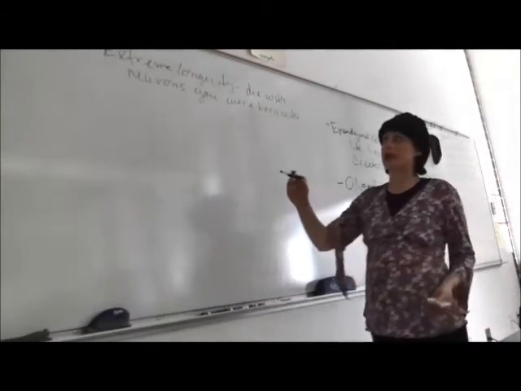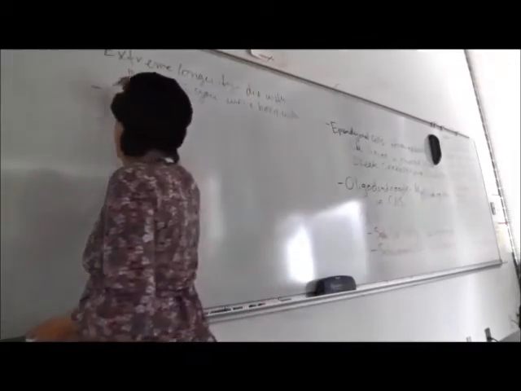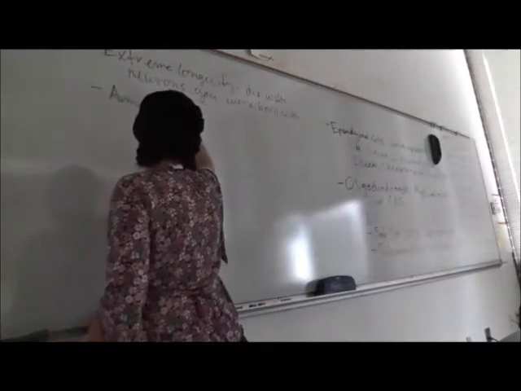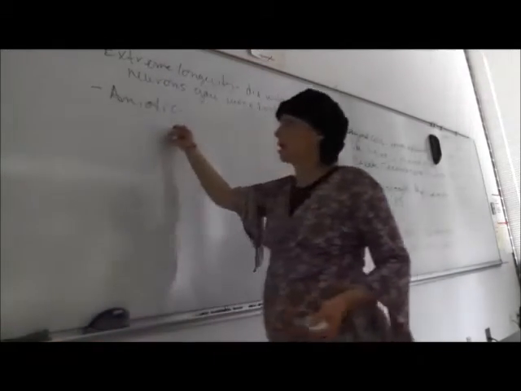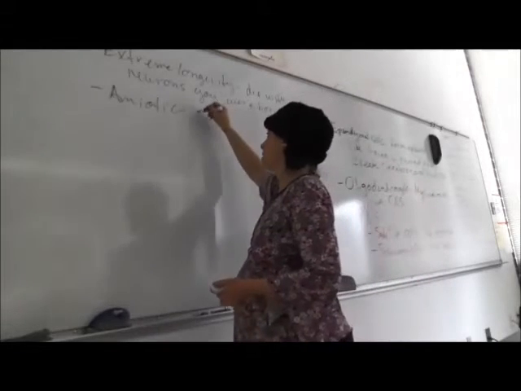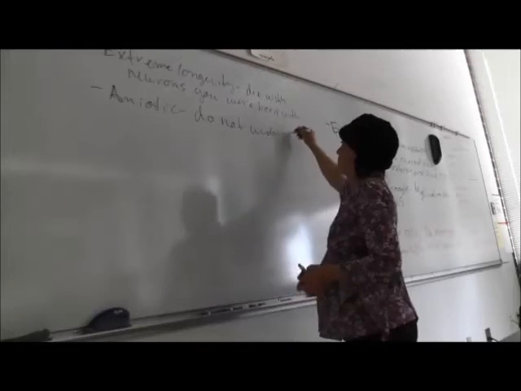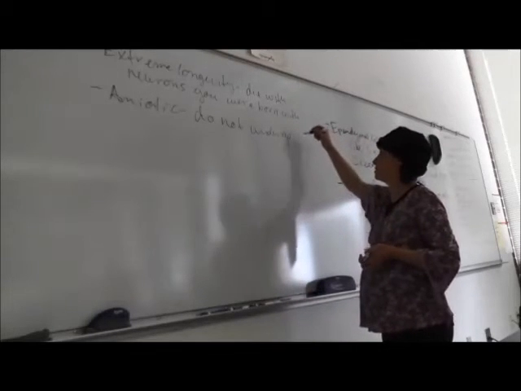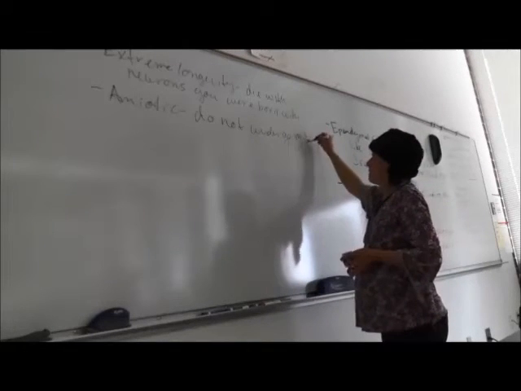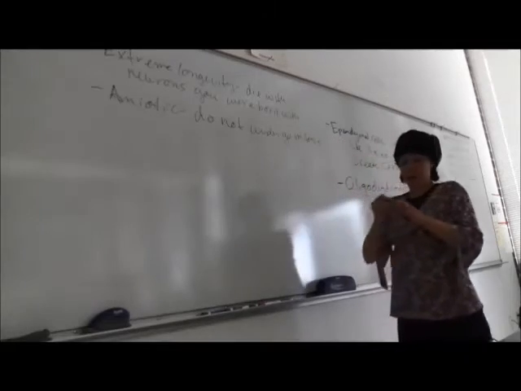Another characteristic is that they are amitotic, with just one exception. Amitotic means that they do not undergo mitosis. So you're born with all you have, and then, like I said, you start killing them off as you age. There's one exception.